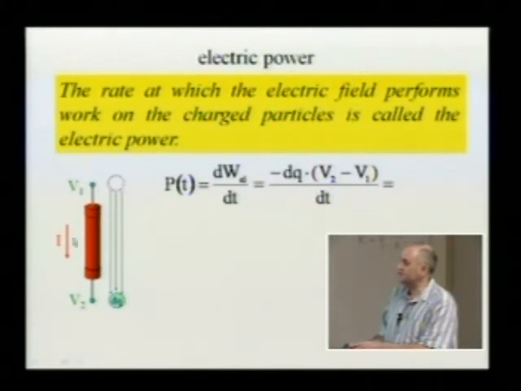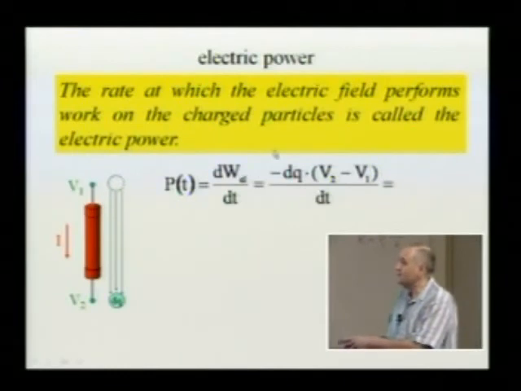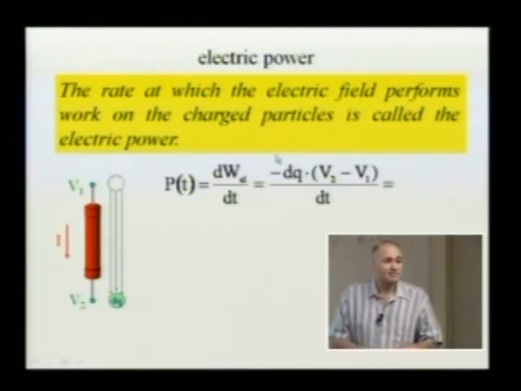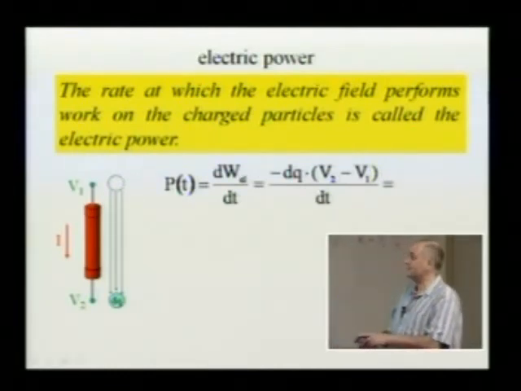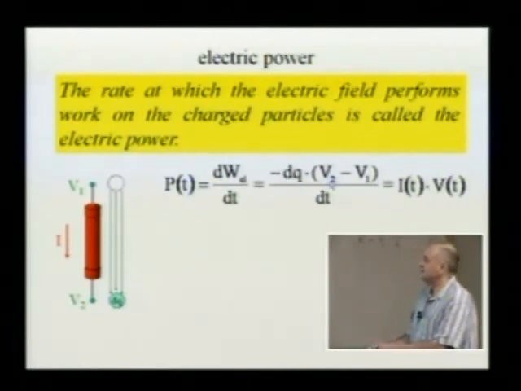I said that charge dq entered at terminal 1. Now, it happens that it's the same at the other end, at the other surface, and at any cross-section, which means that this quotient gives me the current flowing in that resistor.